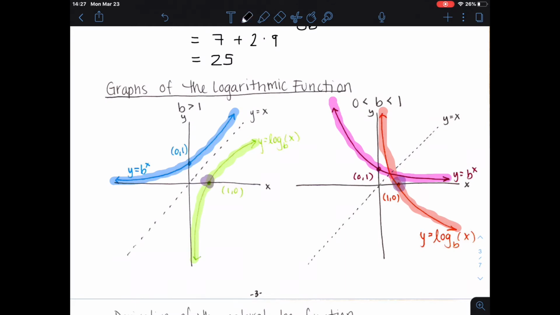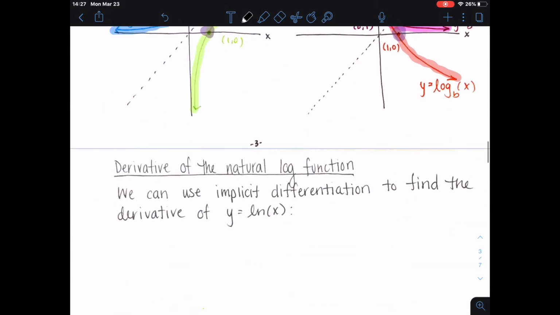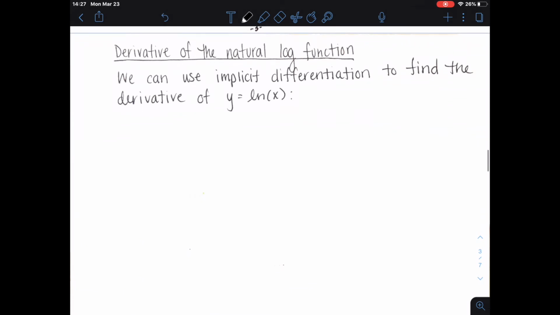So now we're going to utilize the fact that these two functions are inverses and the way we can rewrite the logarithms to find the derivative of the natural log function. So we went through that before by going through the formal definition and showing you where the number e is defined from. We can use implicit differentiation again to help us with finding the derivative of y equals natural log of x.